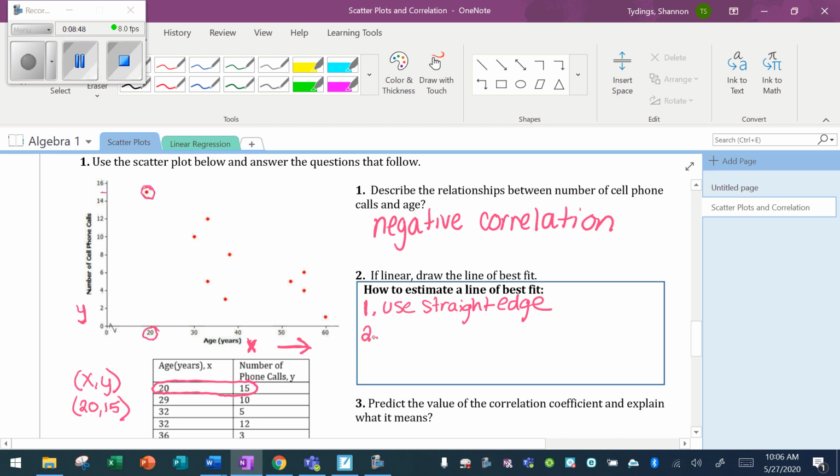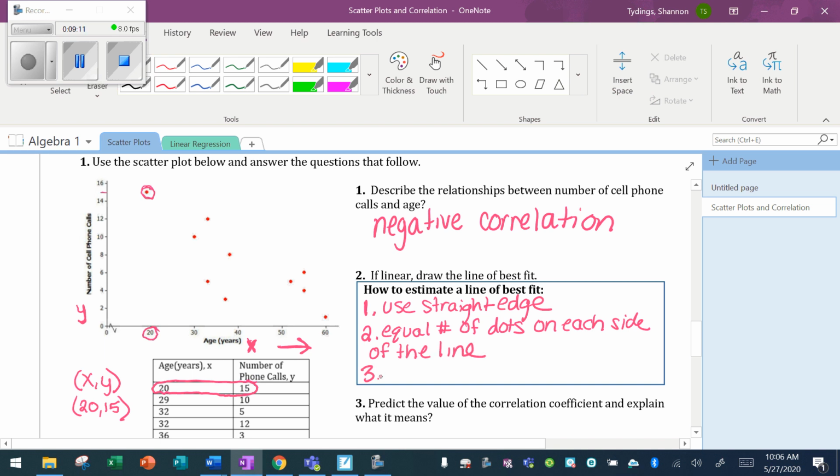Second thing we need to know is that we want really an equal number of points, or we'll just say dots. So equal number of dots on each side of the line.